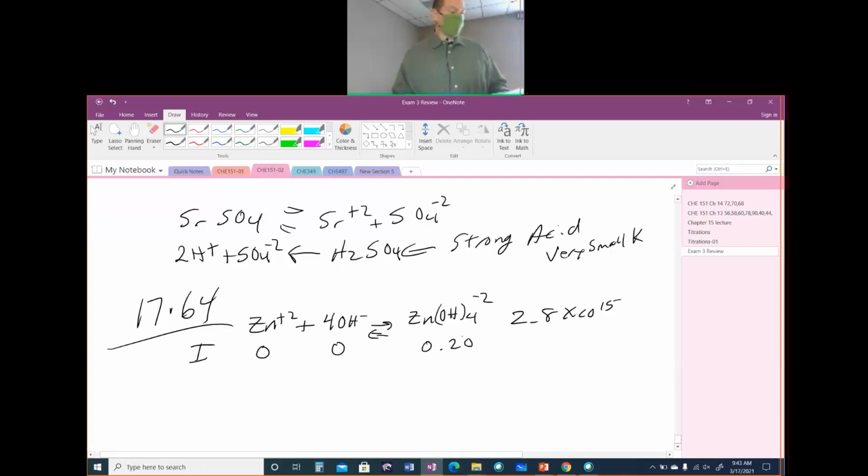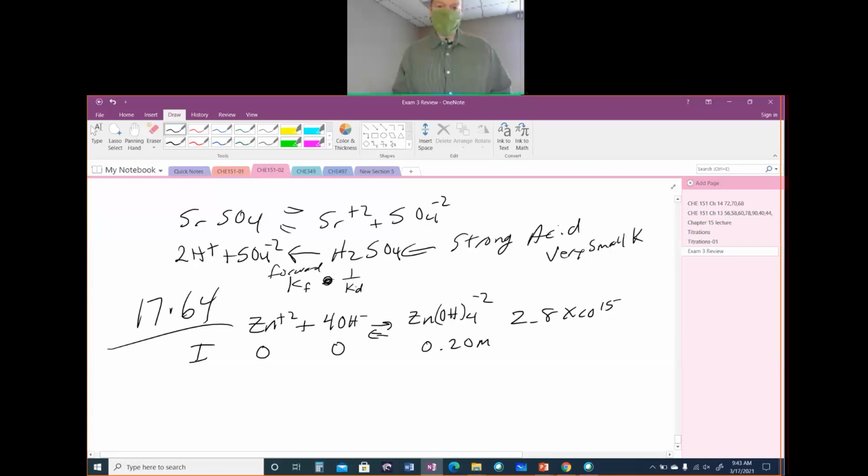And of course, if you would prefer to do this problem in the reverse direction, you can. Remember that your KF, if you reverse it, that's called a KD. So your KF is the forward reaction. Your KD is the reverse reaction.